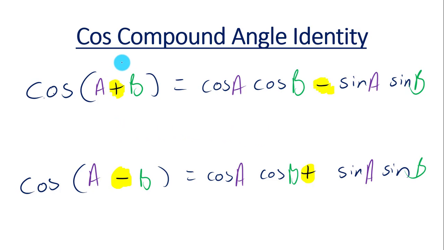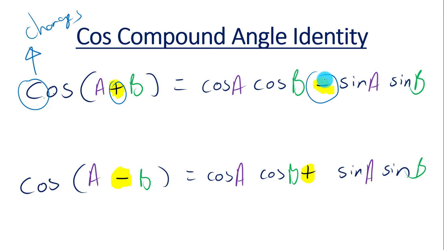And the second way in which it differs from the sine compound angle identity is the fact that the sign changes. Over here we initially had a plus, but when we expand this we find that we have a minus sign. Over here we initially had a minus sign. When we expand it we find that we have a plus sign. Those are the only ways in which it differs. The AB pattern remains the same for both the plus and for the minus scenarios.